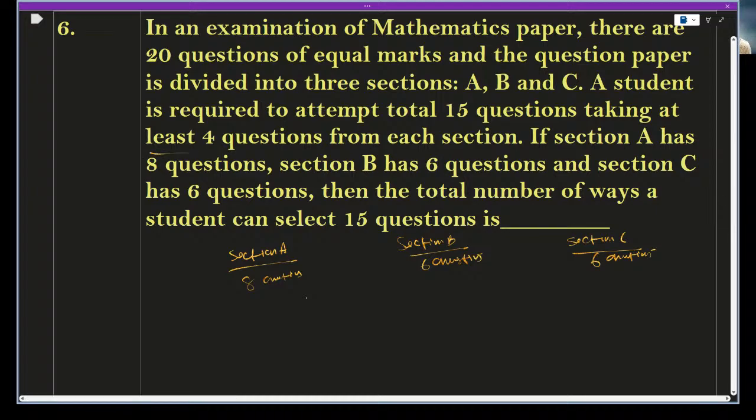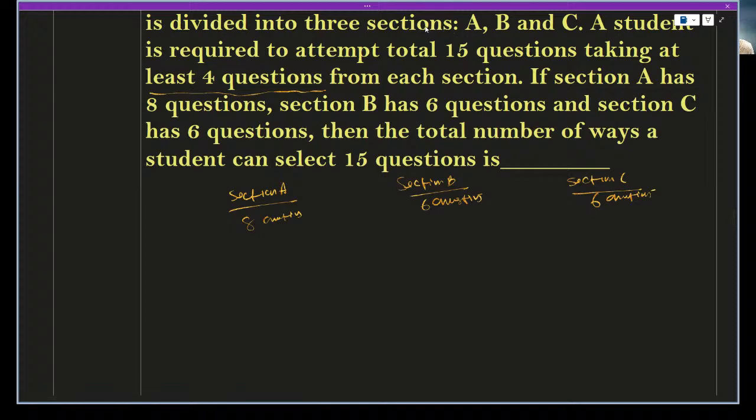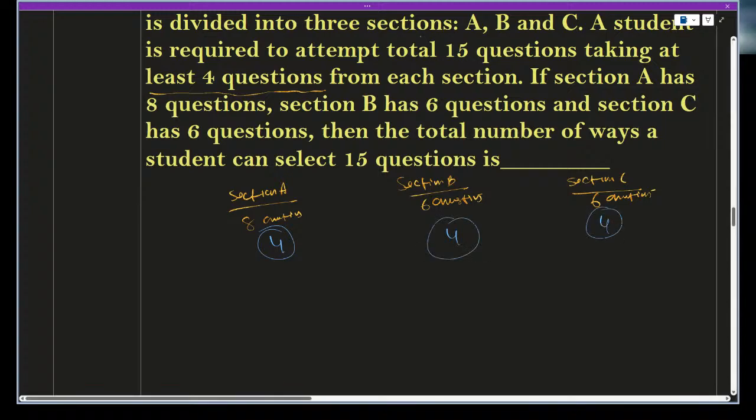Note this statement: at least 4 questions from each section. If I start thinking this manner, he has taken 4 from here, 4 from here, 4 from here. Assume that four questions he has done from each section.